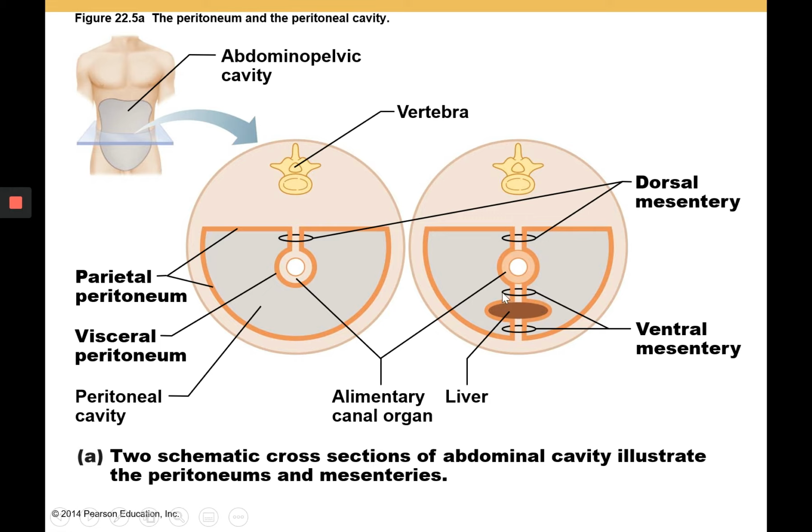And when we have double layers of peritoneum, we have a mesentery. Now, not all mesenteries are called something mesentery, even though they're pointing out a dorsal and ventral mesentery in figure 22.5a. There are some mesenteries that are called, for example, omentums. There's a lesser and greater omentum, and we even have things like mesocolon, which are names for mesenteries associated with parts of the colon.